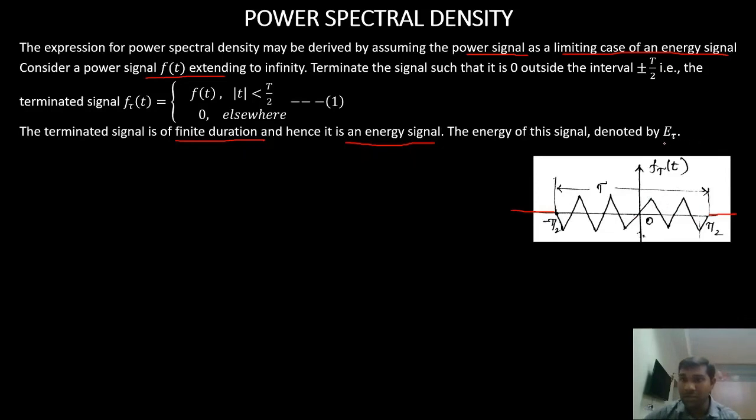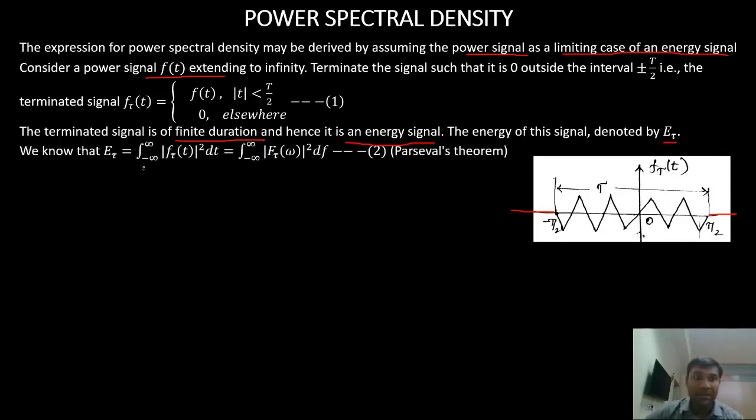I'm denoting the energy of the signal as E T. So E T is equal to the integral from minus infinity to infinity of |f T of t|^2 dt, which is equal to 1 by 2 pi times the integral from minus infinity to infinity of |F T of omega|^2 d omega. This is by Parseval's theorem.